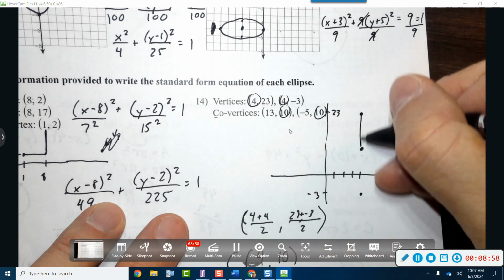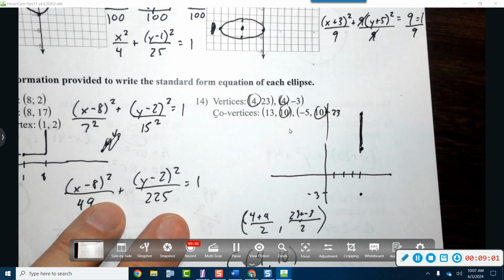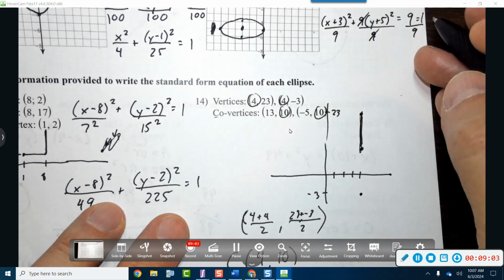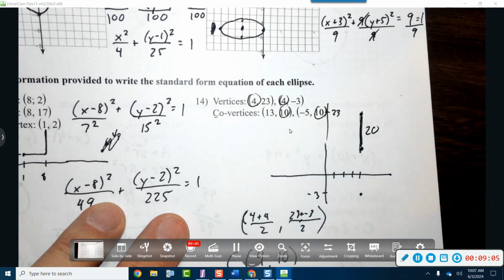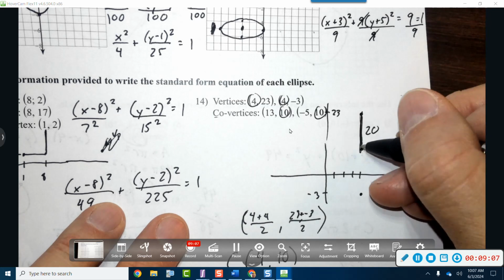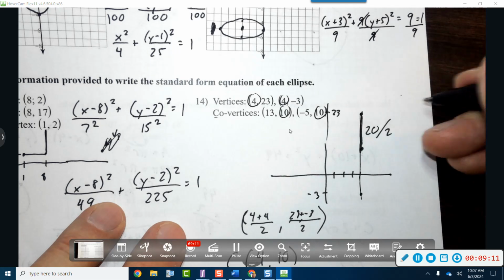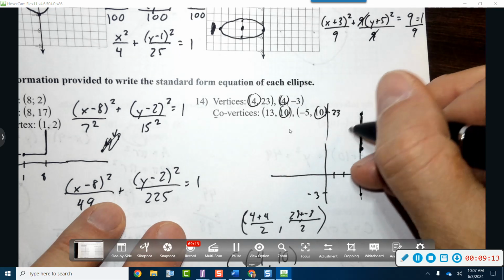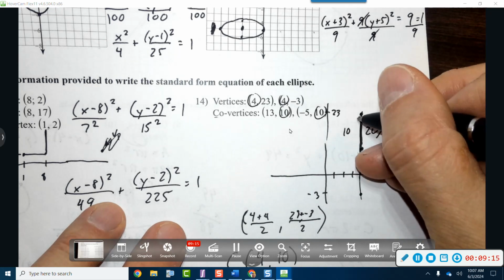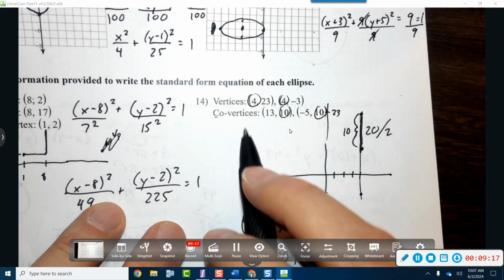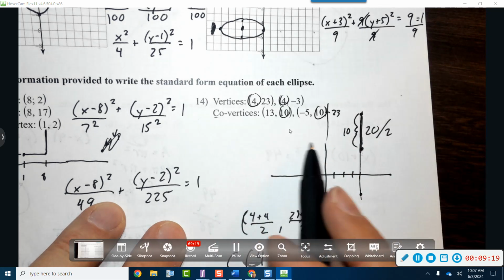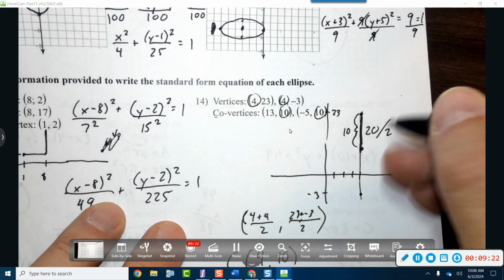So this distance is going to be the difference. It's going to be 20. No, the whole distance is 20, so we're going to divide that by 2. So that whole distance is 10. So that's 10. And then this guy says we go over 13 this way.